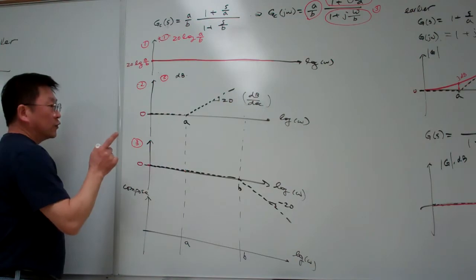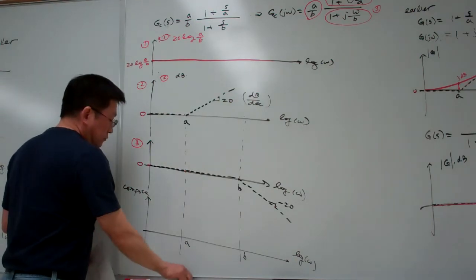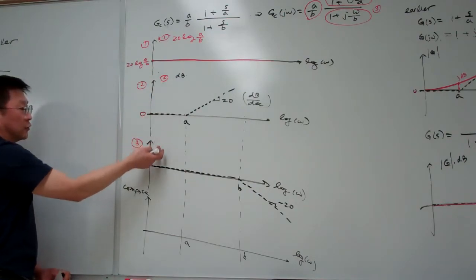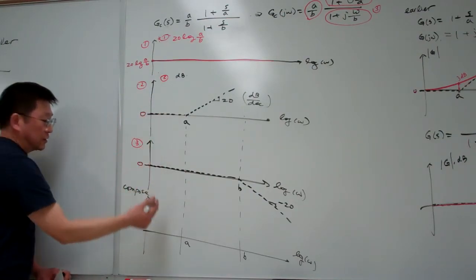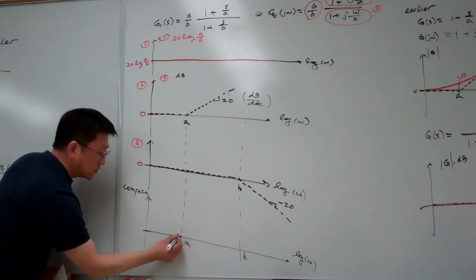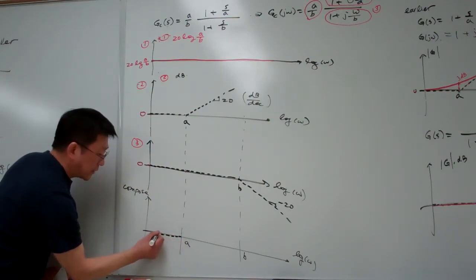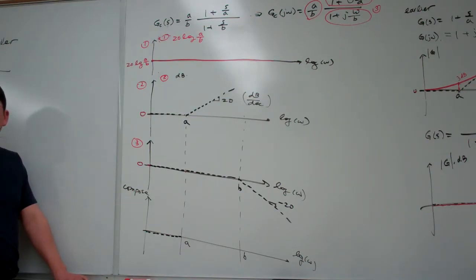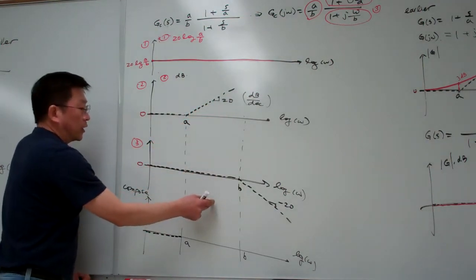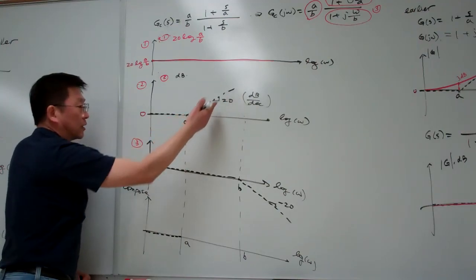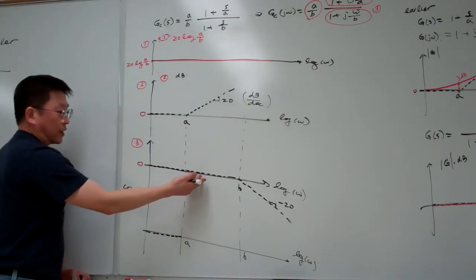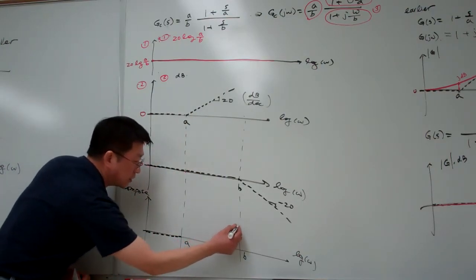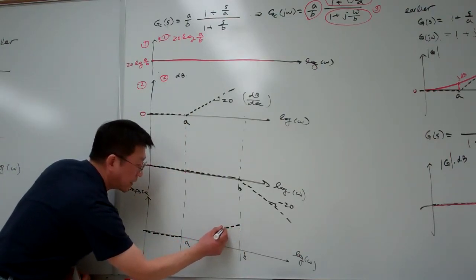And again, let me do the asymptotes first. For asymptotes, we add up the two lines together. Basically, here at the lower frequency, less than A, the asymptotes added up is like this. Very good? In the middle range, this is 20 above, this is the 0. So if you add point by point, in the second range, that is like this.